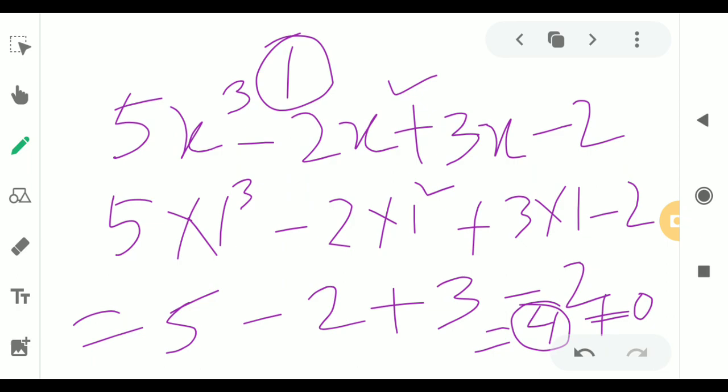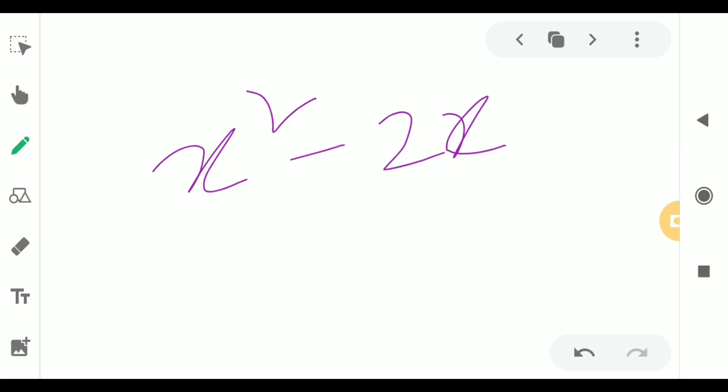So whatever may be the answer, the value is 0 means it should be the 0 of the polynomial. Suppose if I have a polynomial x square minus 2x. Okay, so take x equals to suppose 2.